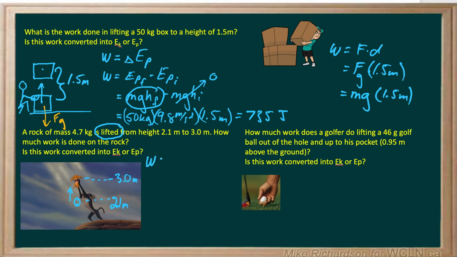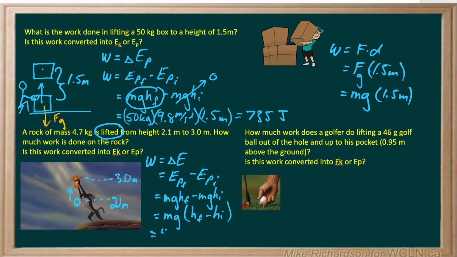So we're going to focus on our work as change in energy formula. And we're giving it potential energy. So this is potential final minus potential initial. And in this case, we actually have both terms. So this is mgh final minus mgh initial, which is, if I factor out an mg, brackets h final minus h initial. Now the mass was 4.7 kilograms. Gravity was 9.8.